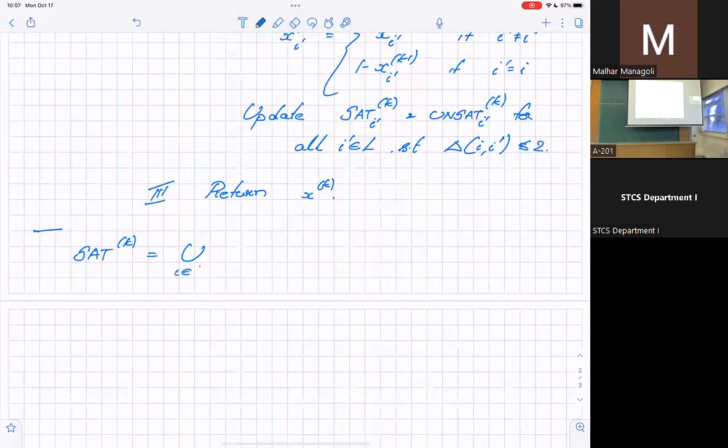It's just a union of all the green vertices on the right, and similarly unsat at k and set one. Let's do that.